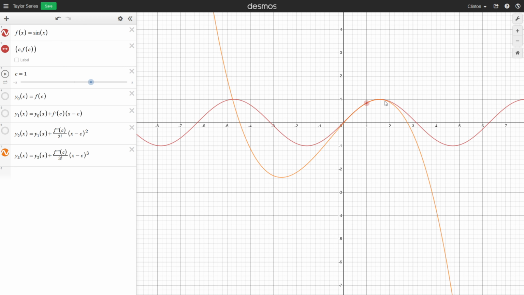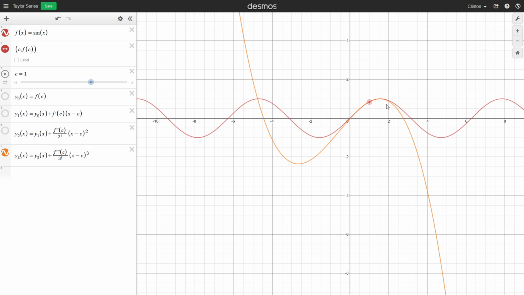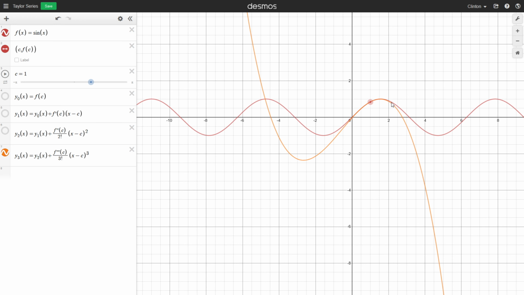So in this case, at this zoom level, for me, it looks like all the way to 2, and then all the way down here to 0. So from this zoom level, it appears that I can deviate a distance of 1 away from x equals 1 and still have them match very well.